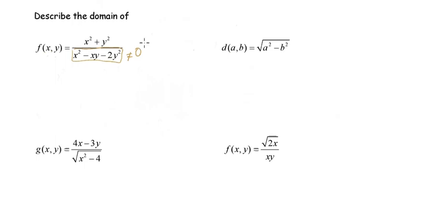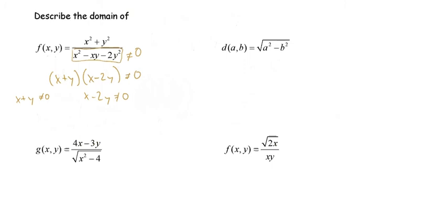So we've got, again, not equal to 0, x squared minus x y minus 2 y squared. And that factors out to x plus y times x minus 2y. Again, not equal to 0. We set each of our factors not equal to 0, so x plus y doesn't equal 0, and x minus 2y doesn't equal 0.